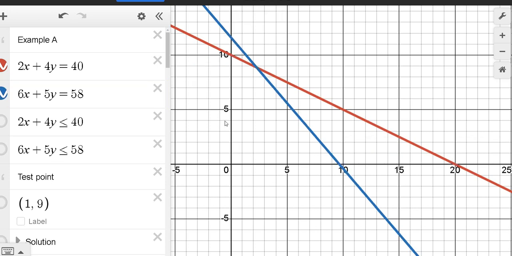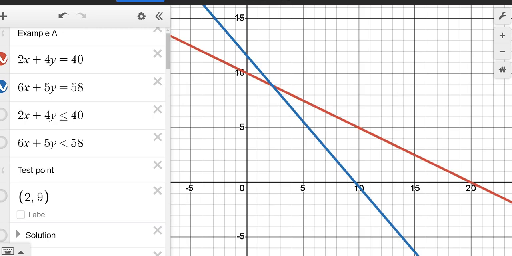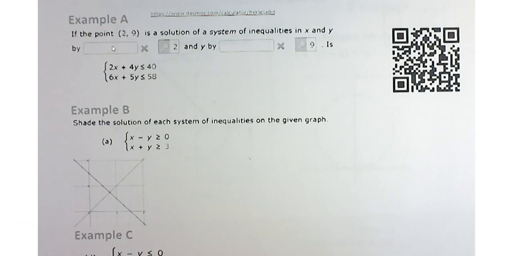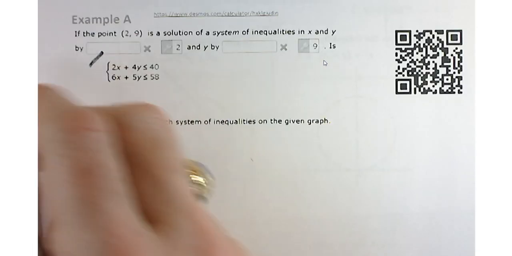Now, the problem gives you the point, I think 2 and 9. Yeah, 2 and 9 as a test point. And you can test that in your inequalities by just plugging it in. So the answer's here, and some of this got cut off a little bit.